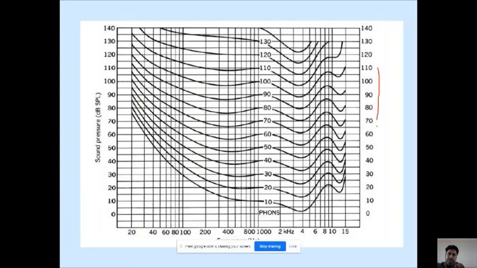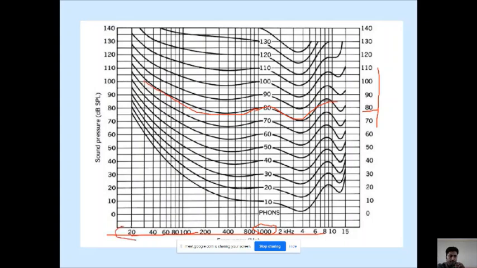Again I will describe this briefly. This is sound pressure level, this is frequency of sound, and as we know, for lower frequencies our human ear is less sensitive to sound. At 1000 Hertz, let's take an example at 80 dB. At 80 dB we have 80 phon, and this curve shows the equal loudness curve.